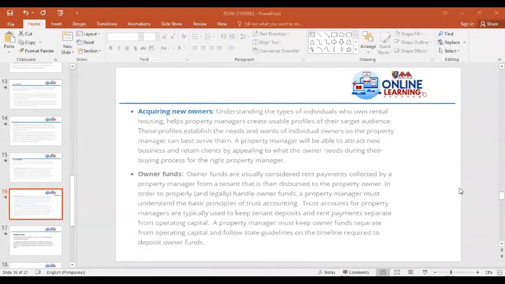Trust accounts for property managers are typically used to keep tenants' deposits and rent payments separate from operating capital. A property manager must keep owner's funds separate from operating capital and follow the state guidelines on the timeline required to deposit owner funds.